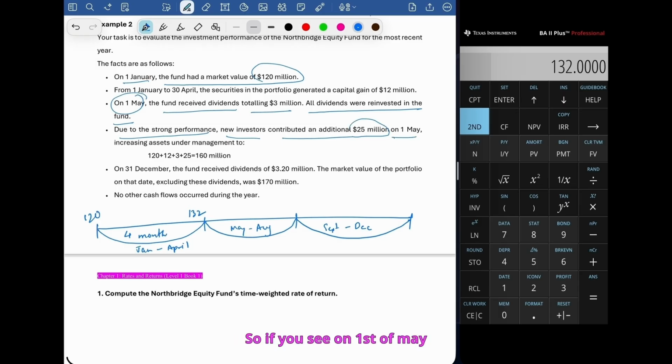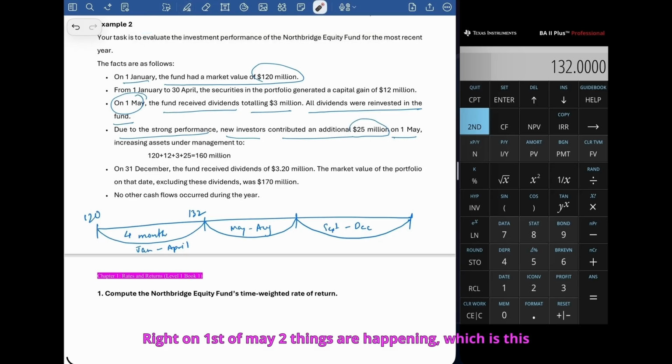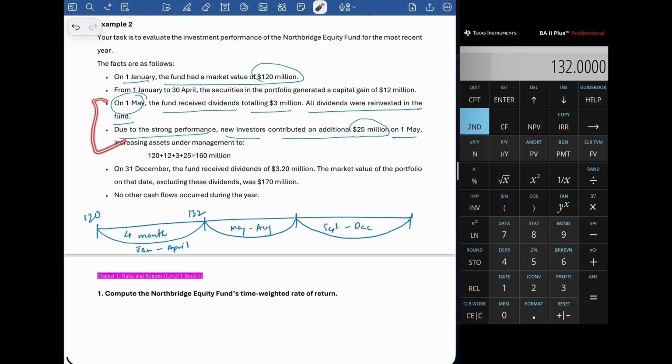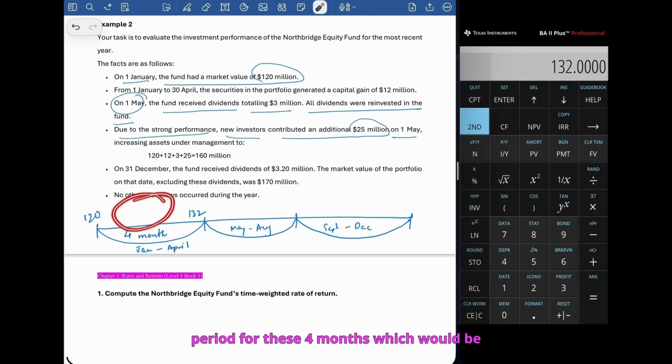So on 1st of May, two things are happening: the dividend is reinvested, and money is added. This 132 is because of the capital gain, and it is the value right before the addition of these two funds.